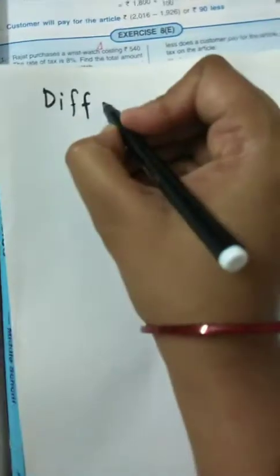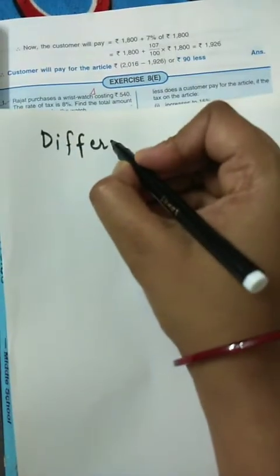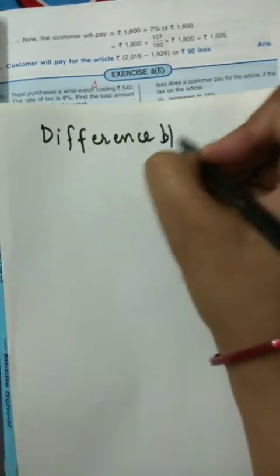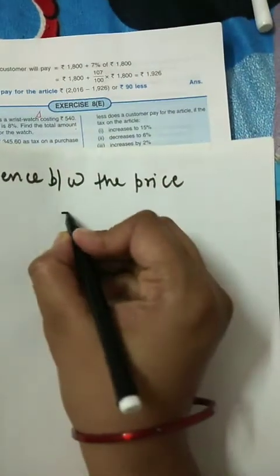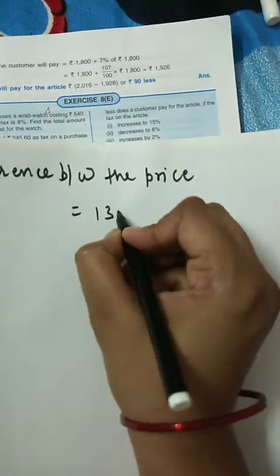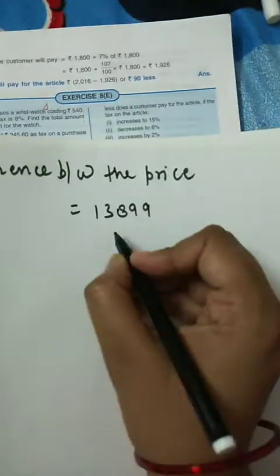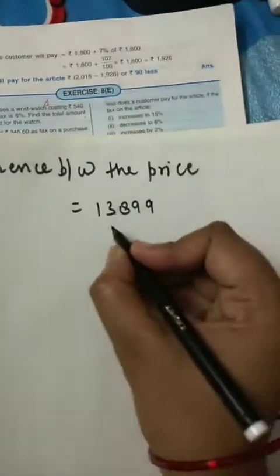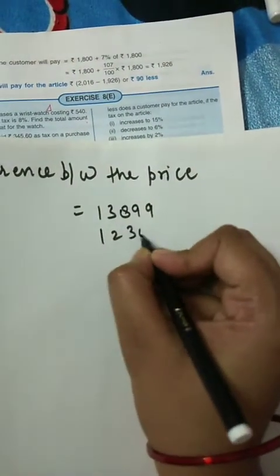So the difference between the prices will be equal to 13,899 subtracted from 13,407.